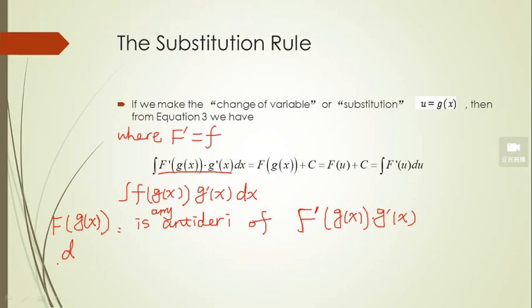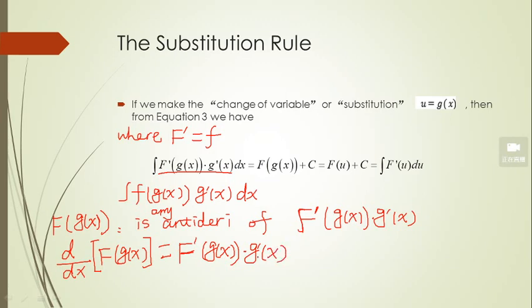Let's check it. If we take the derivative of F(g(x)), this composition of two functions, with respect to x, that will be big F's derivative. Since this is the chain rule, we should take the derivative of g again.